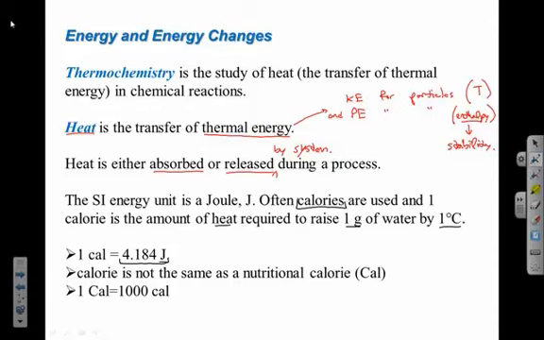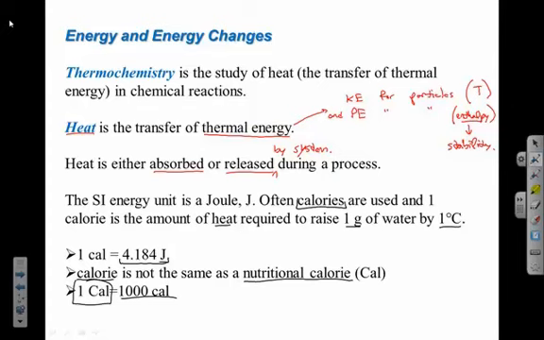Just to point out, a calorie is not the same as a nutritional calorie. They're measuring the same thing, but a nutritional calorie is actually 1,000 calories. So that's confusing. I don't know why they did that, probably because when you look at a meal and you're thinking about how many calories it might have, you don't want to think about it having 200,000 calories. Those numbers are not in a range that is easy for people to think about.